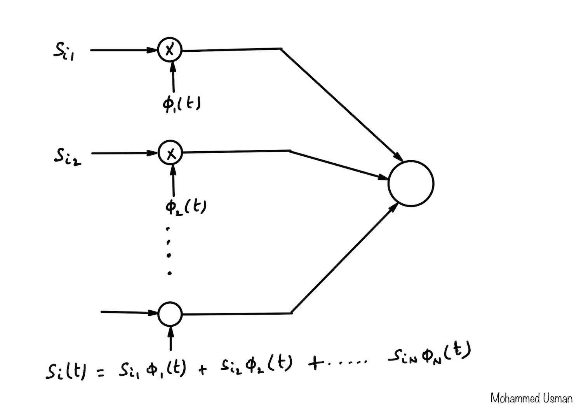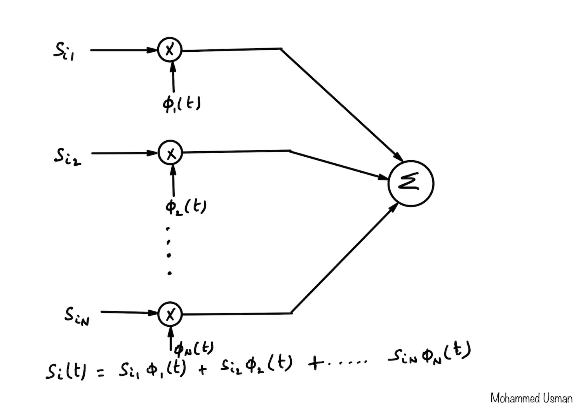Like this we'll have the third branch for Si3 into phi 3 of t, up to the final branch, which will multiply Sin, the nth branch, and the input here will be phi n of t. And each of these products are getting added together. That's Si1 phi 1 of t plus Si2 phi 2 of t plus up to Sin phi n of t. So all of these are going to get added here.